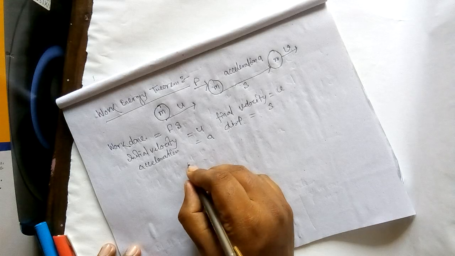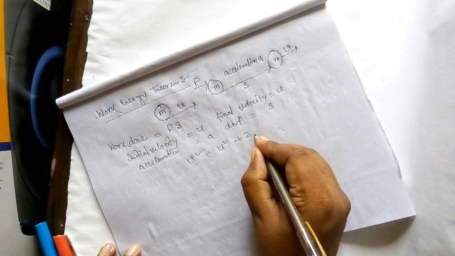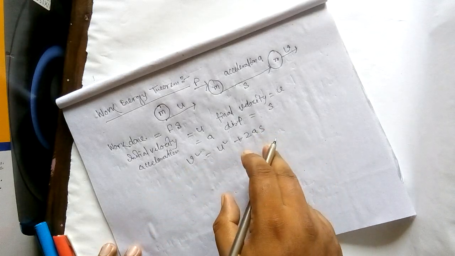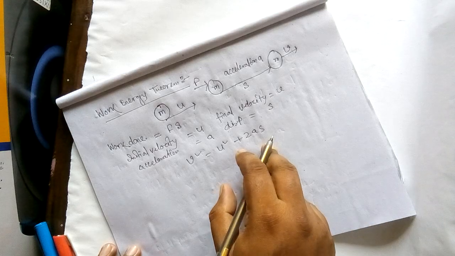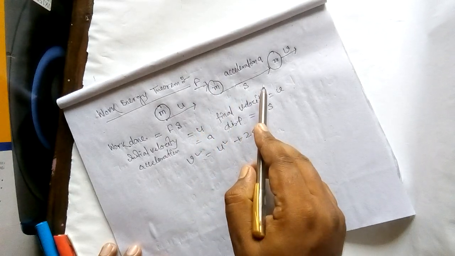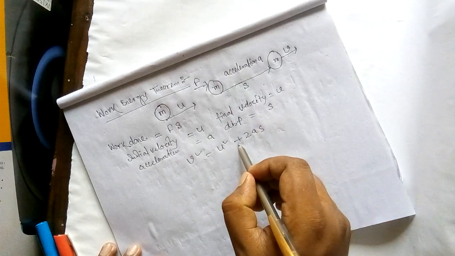We have to use the same equation, v square equals u square plus 2as. Here we have taken plus because this is all about accelerated motion, because in whichever direction force is applied, the body is displaced in the same direction, so that is accelerated motion. That's why the plus sign is taken.